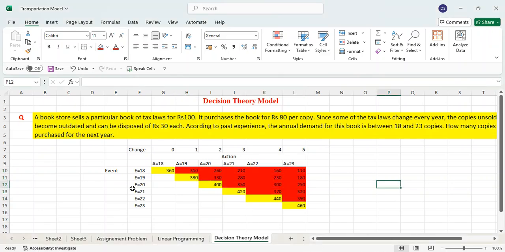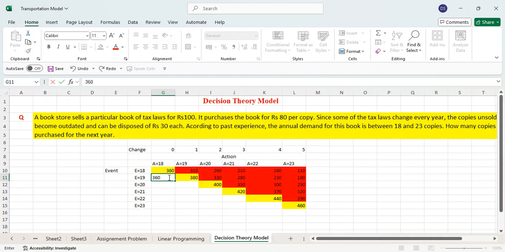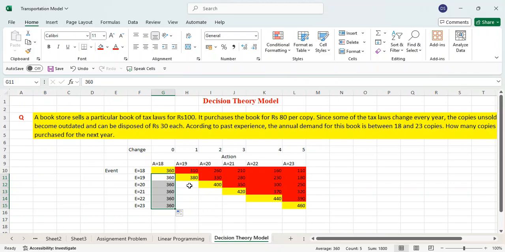Okay, suppose you kept 18 books, but market demand is 19. All the books have been sold out, no issue about that. So you can say that at any cost I will get 360 rupees as a profit, because whatever books I have, though market demand is more, I can get this amount of profit.